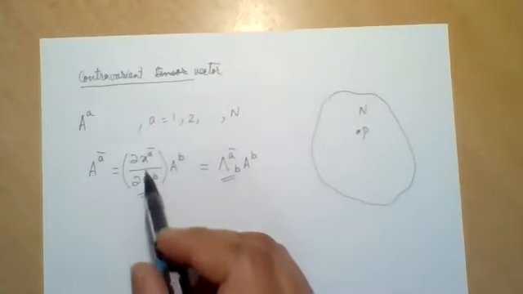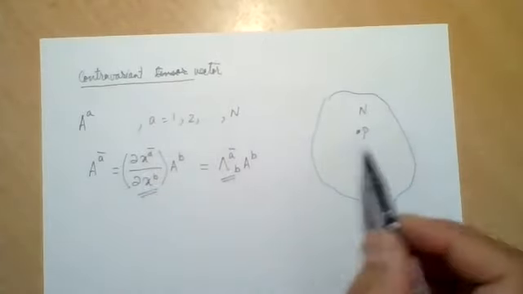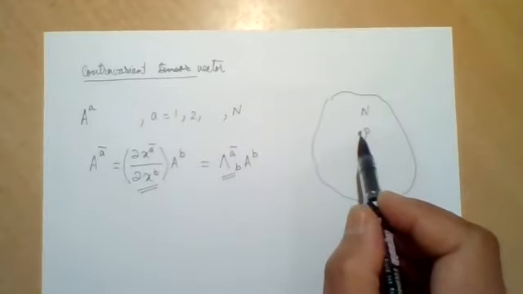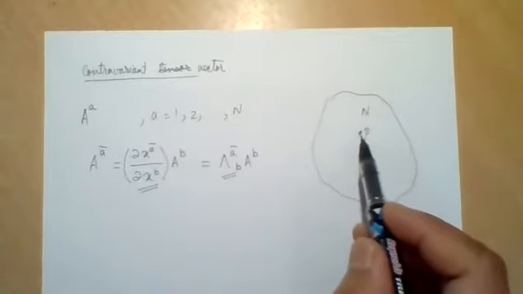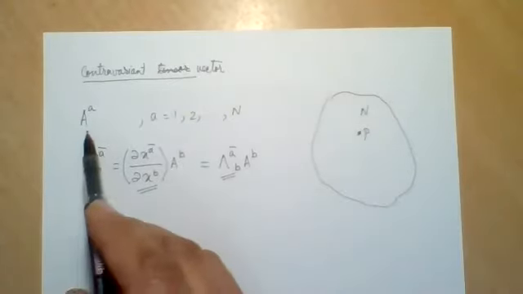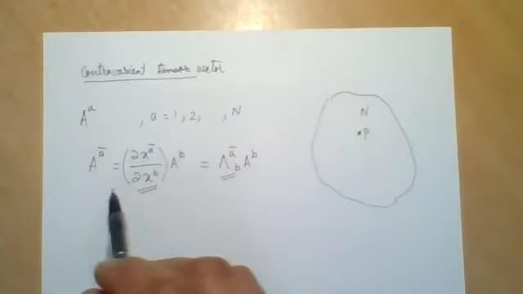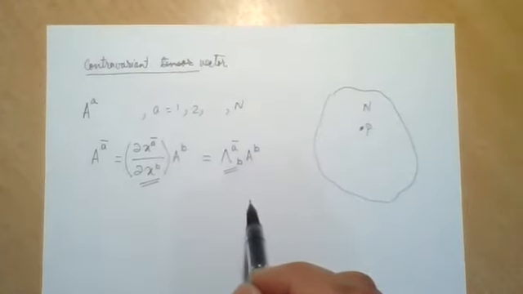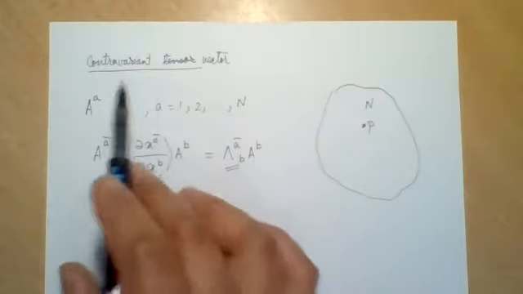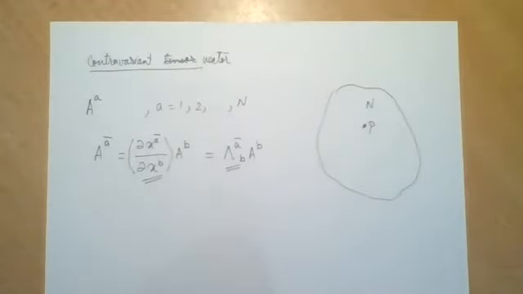And these partial derivatives are evaluated at this point P. At the point P, if I have an object which has n components, and if the components transform according to this rule under a coordinate transformation, then these n components are the components of a contravariant vector.